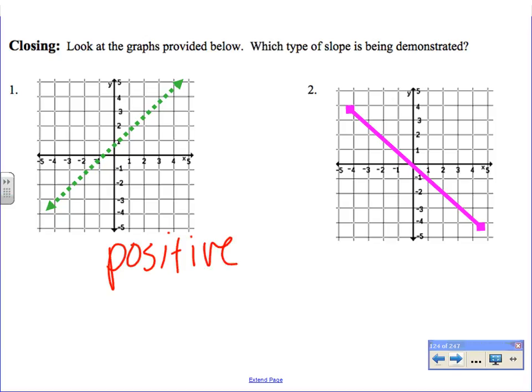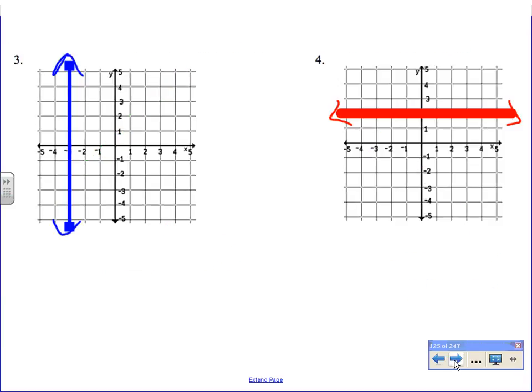Number 2. Okay. Negative. And number 3, straight up and down. Abigail? Undefined. Right, undefined. And last one, number 4. Skylar? Right, 0. Any questions on that closing one?